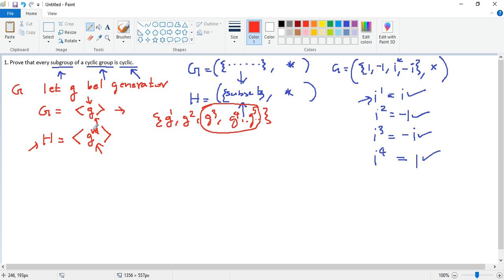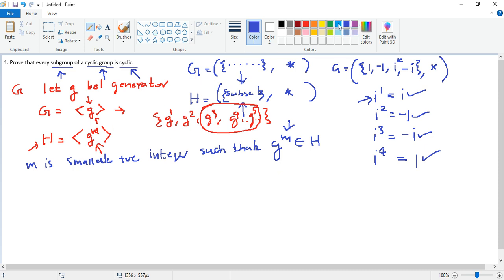So here I'm assuming that m is the smallest positive integer such that g^m is an element of H, right? So now what we have to prove is everything else in H is a power of g^m, or g^m is a generator of H. If we can do that, then we are done with the proof.